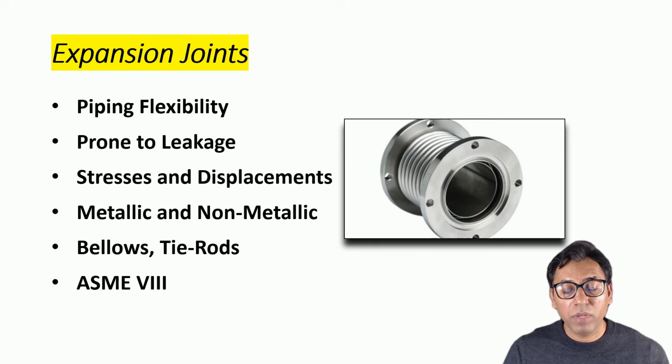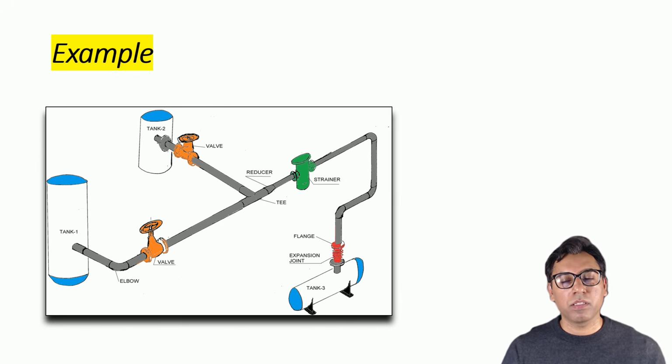The material can be metallic or non-metallic, depending upon the requirements. Common types are bellow or tie rod type, and their manufacturing design standard is commonly ASME Section 8.